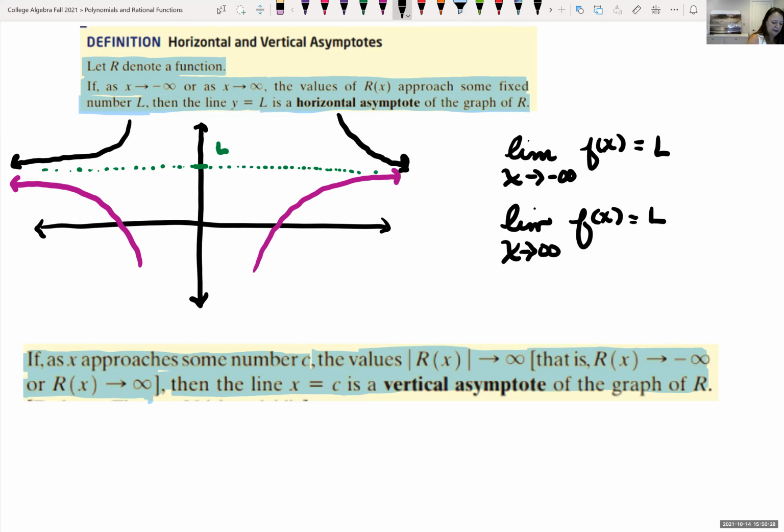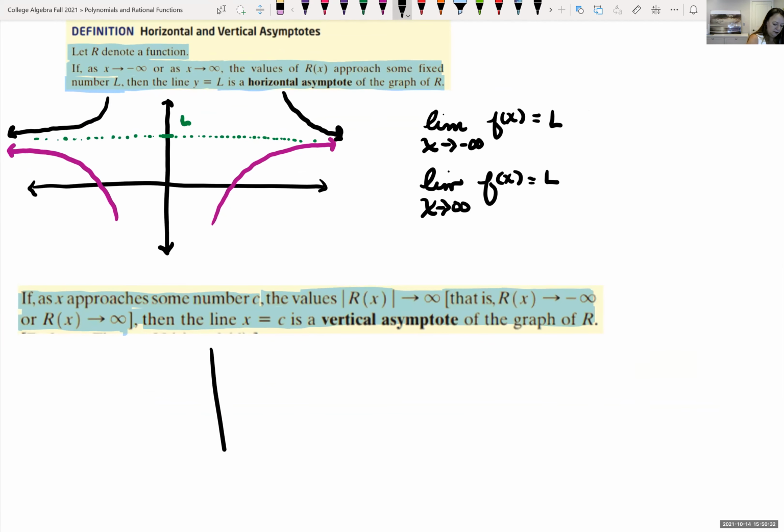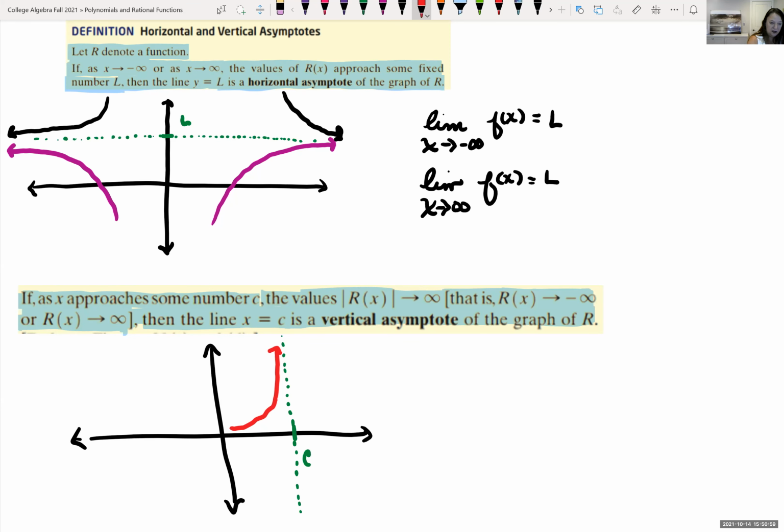Okay, so graphically, let's locate some x equals c. Let's draw a vertical line. And this is saying as x is getting closer and closer to c, as we approach this value of c, it's either going to be shooting upwards to positive infinity or downwards to negative infinity.